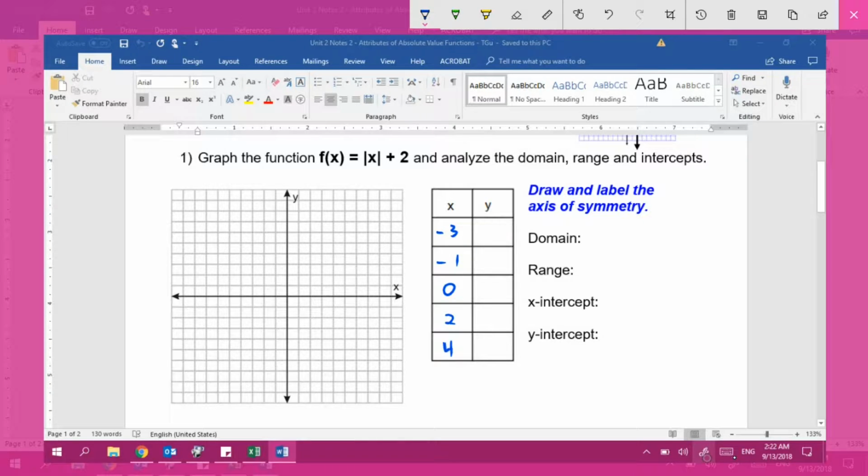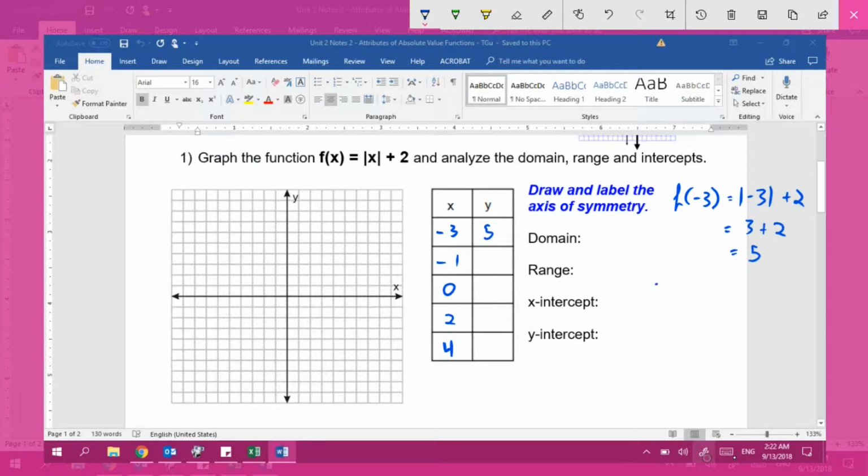Okay, so let's plug them in. F of -3 equals the absolute value of -3 plus 2. The absolute value of -3 is just 3, so it's 3 plus 2, which is 5. So the y will be 5.